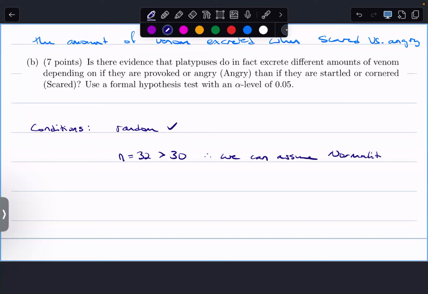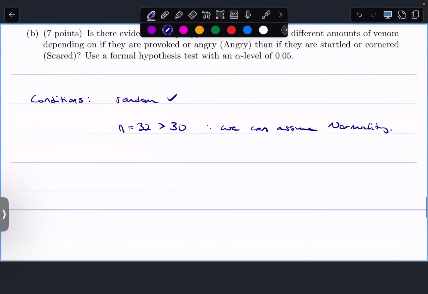So conditions are a lot easier for numerical data because that's it. The random selection of the platypuses, as well as the random assignment of treatments, preserves independence, and then we have to check normality, but because we have a large enough sample size, we can just assume normality. So then, step 1 is to state the hypotheses.